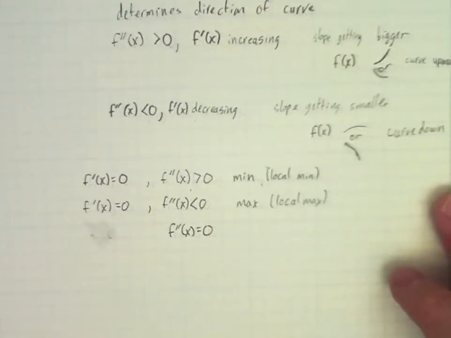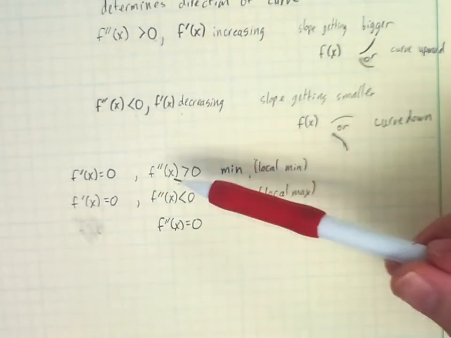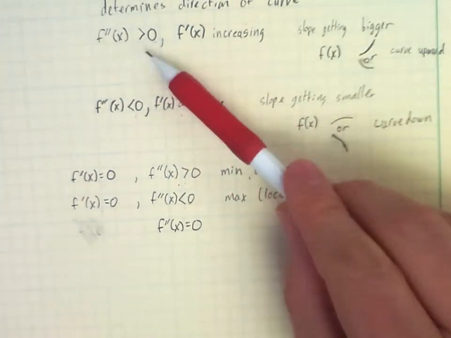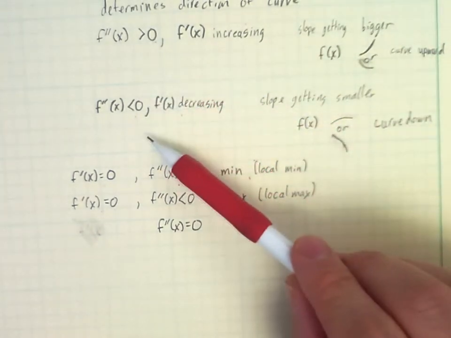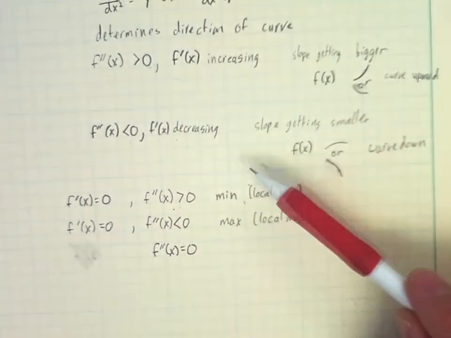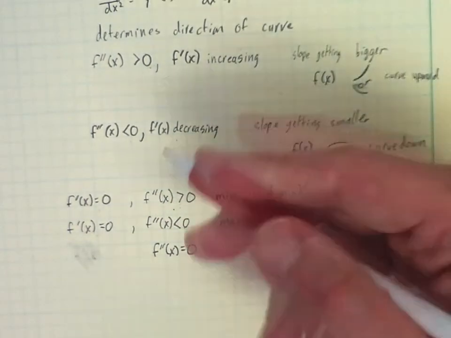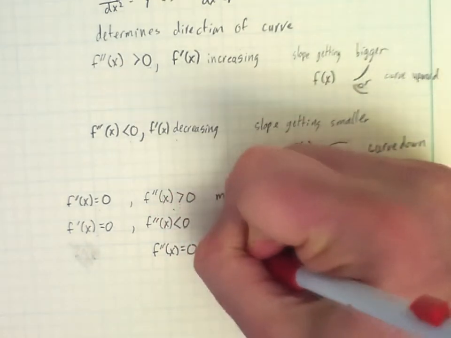Which brings up the natural question. We talked about what's going on when the second derivative is greater than 0 and when it's less than 0, the types of curves. What about when it's actually equal to 0? Well, then that's what we call an inflection point.